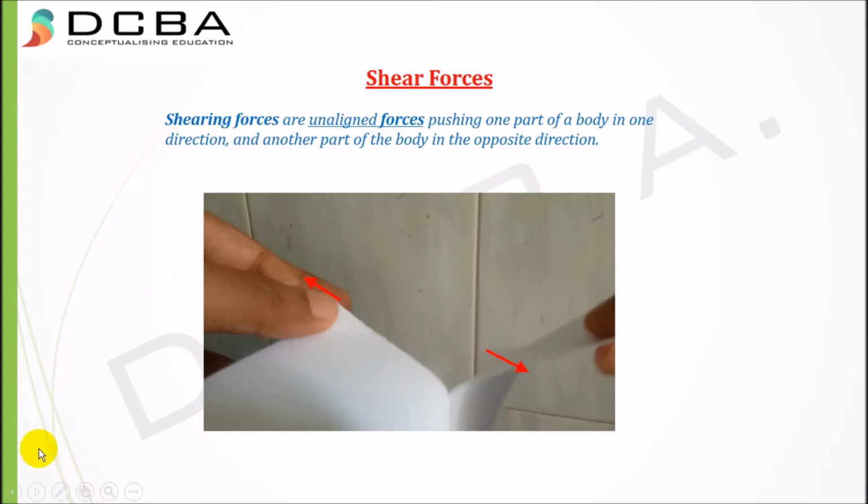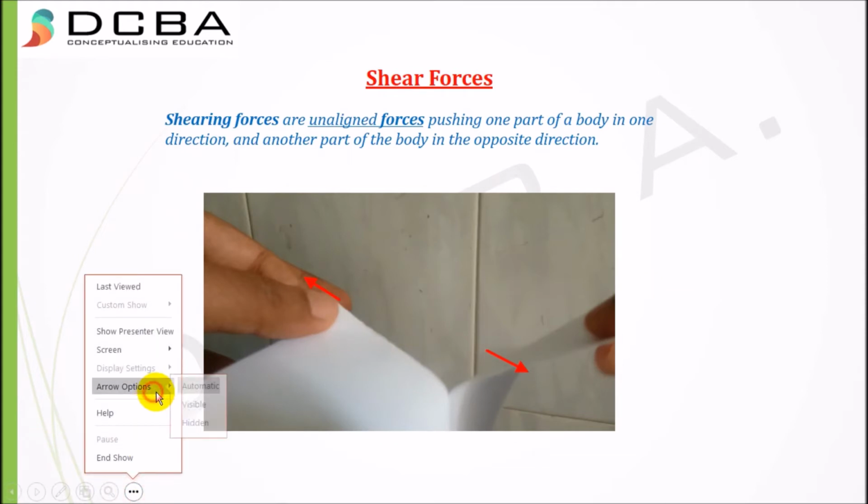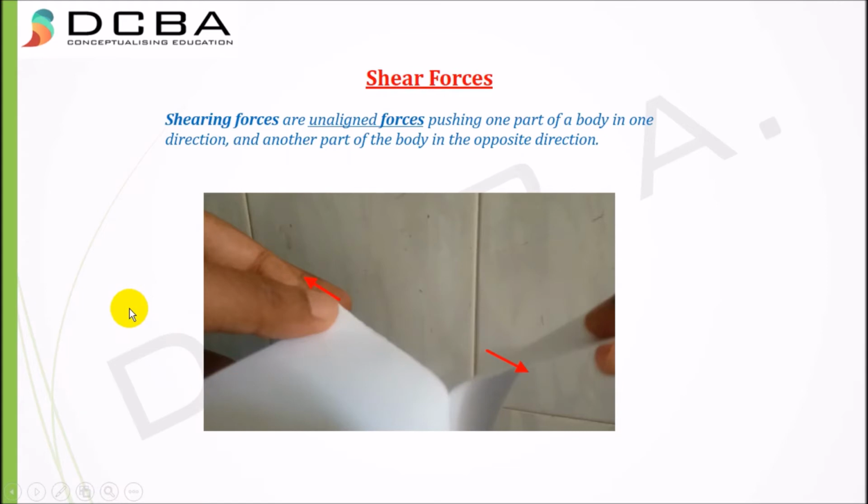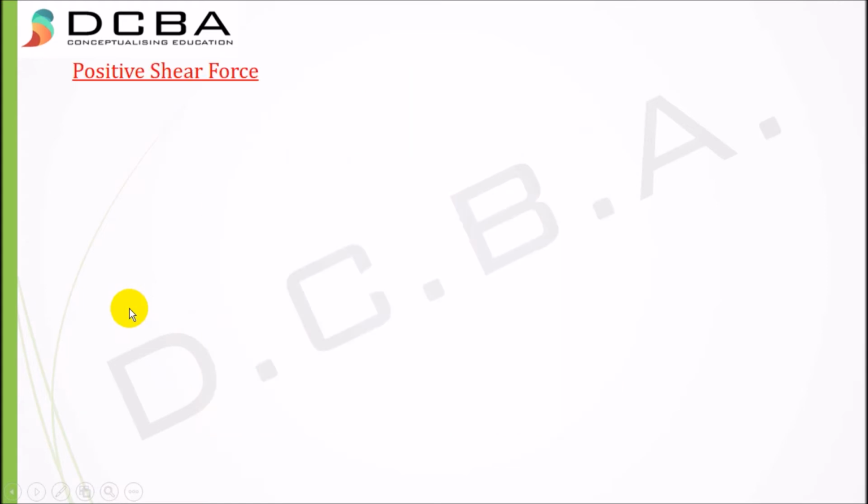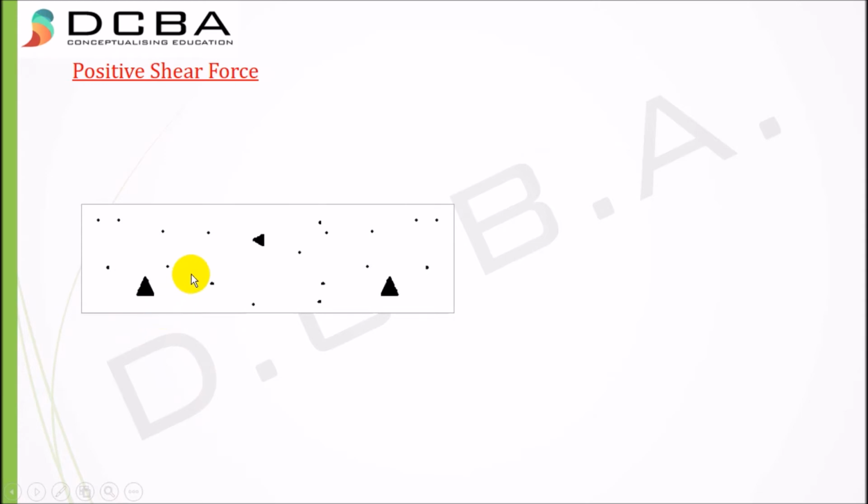Now let us see what are the sign conventions of shear force, that is what is a positive shear force, what is a negative shear force. So for positive shear force, again we'll consider a concrete beam.